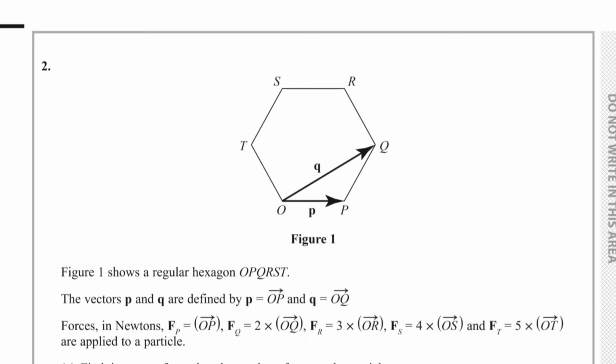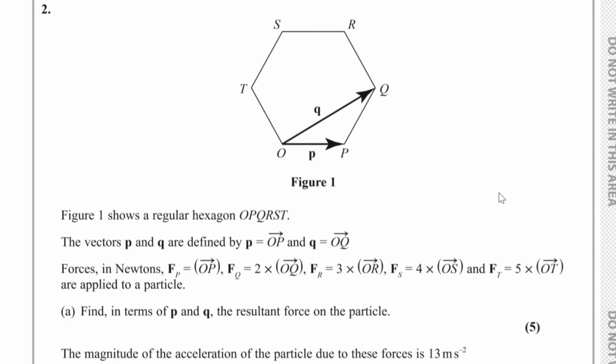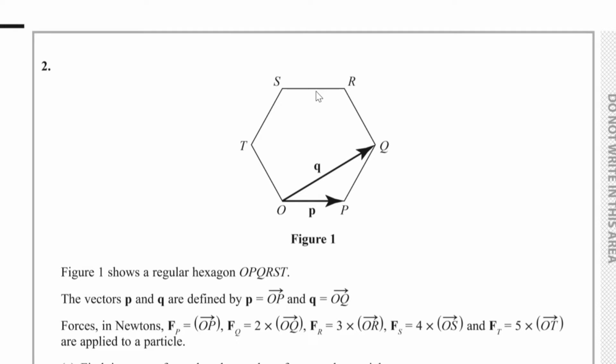Now, for us to find out what OR, OS and OT are, we need to find other vectors. Now, first of all, we can see from the diagram that OP is parallel to SR, and that's because we have a regular hexagon.